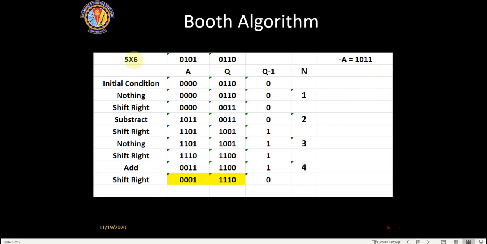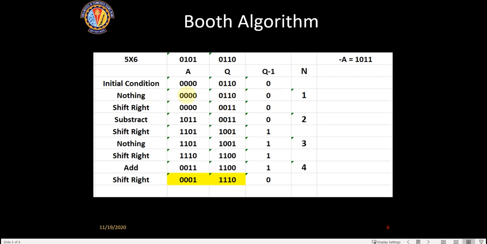We are doing 5 into 6. In the accumulator we have put 0. 5 is in the M register, and this is Q. Now I am going to compare 0 and 0. If it is 0 and 0, I don't have to do anything. So the accumulator will remain 0 0 0 0 here, Q will remain as such, and then I am going to shift it right.